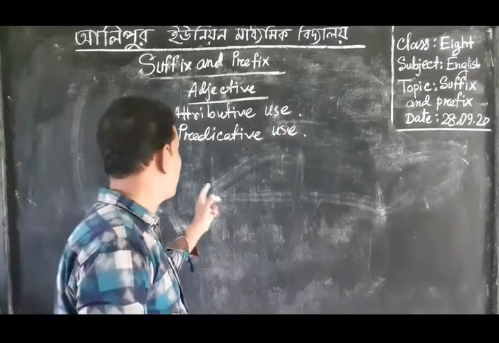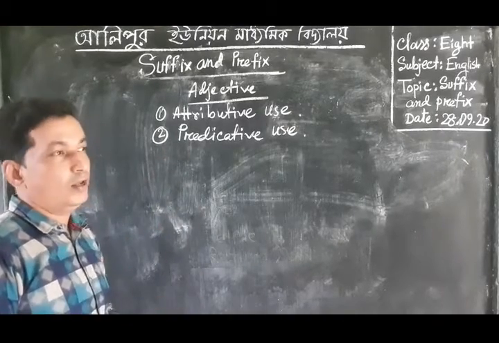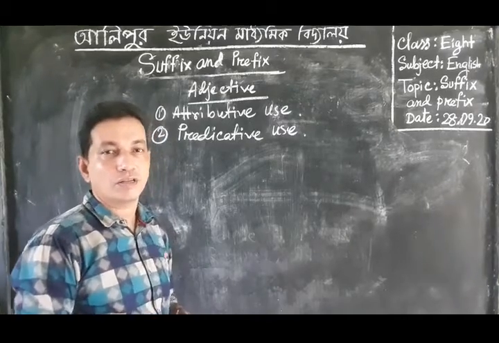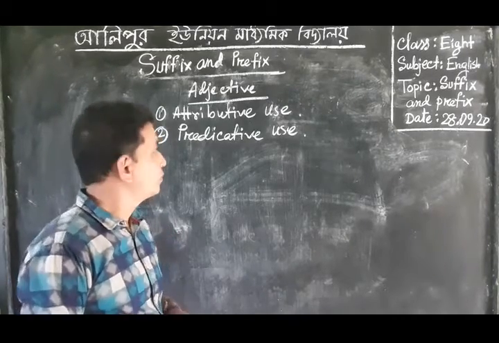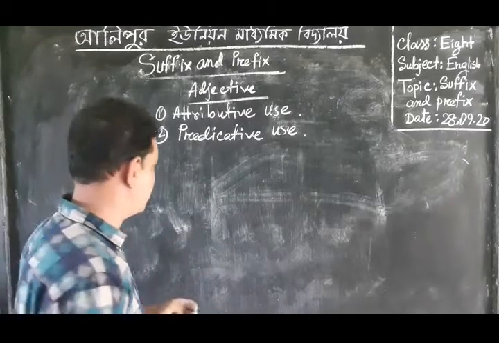Dear learners, now I am going to discuss these two items because it is not known to the students of class 8. So I should discuss this item, attributive use.